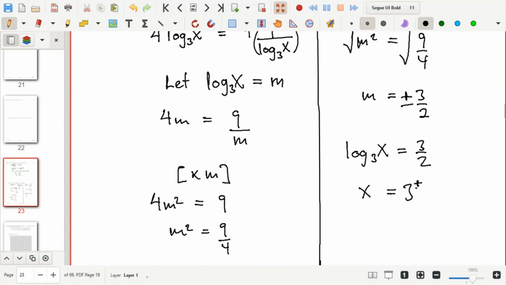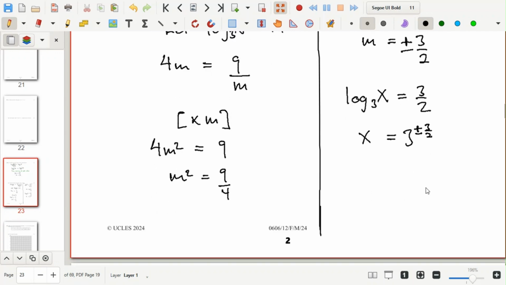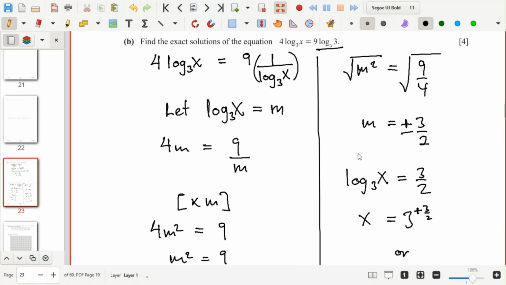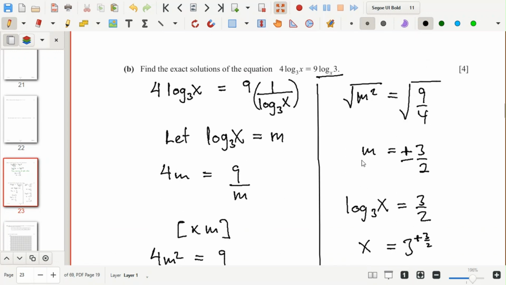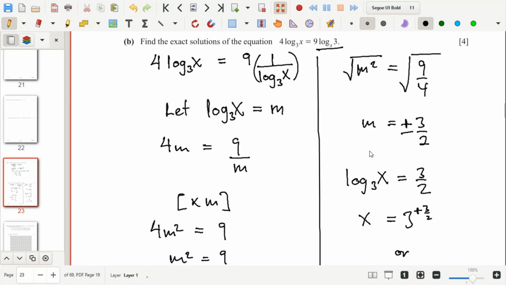If I take the positive value first, it will be 3 on 2. If it's the other way around, it will be negative 3 on 2. So either of these is correct. Yes. Let's move on to the next question.